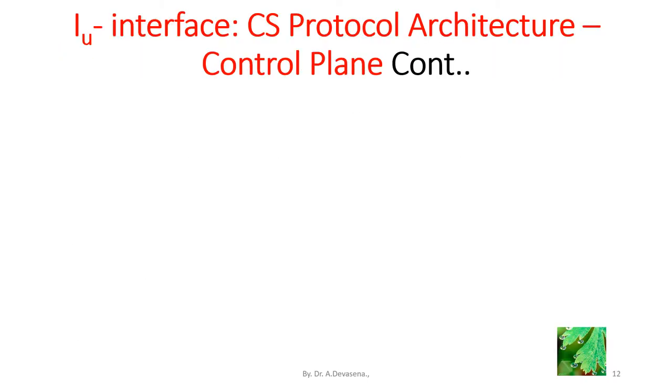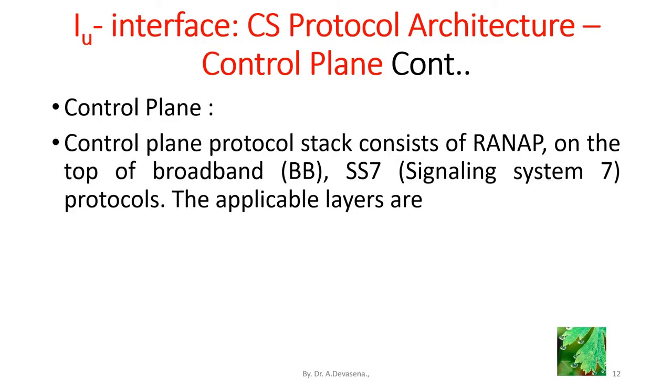Now we see the control plane information of CS protocol architecture of IU interface. Control plane protocol stack consists of RANAP on top of the broadband BB SS7, that is Signaling System 7 protocols.